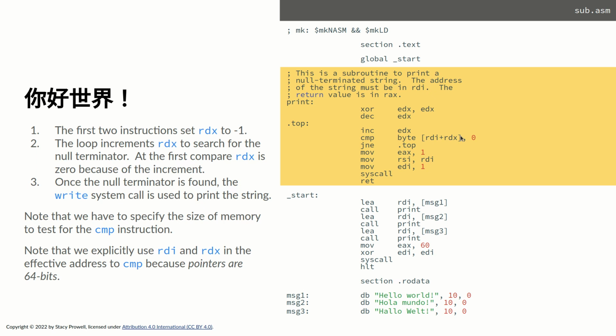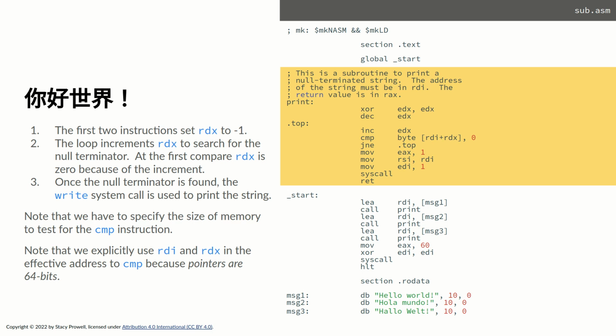So the first two instructions: XOR EDX with itself is going to set the 32-bit register EDX to 0, which will zero extend into RDX, so the entire RDX register is now set to 0. Then it's going to decrement EDX, resulting in the 32-bit register EDX holding the value -1, the 64-bit register RDX holding something that's not -1.